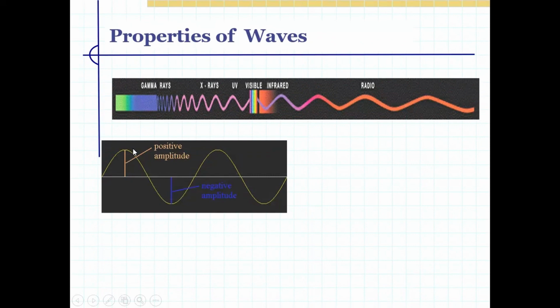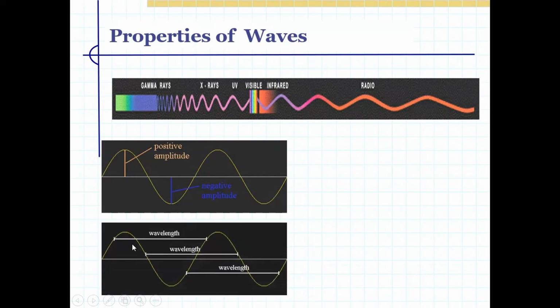If you want to measure the properties of such waves, they have positive amplitudes and negative amplitudes. They are measured with the help of the wavelengths. The wavelength is the distance between one crest and another crest, or one position to another same duplicated position in the cycle. So wavelengths are representative of the cycle, and the number of cycles that pass through one position in 1 second is the frequency.